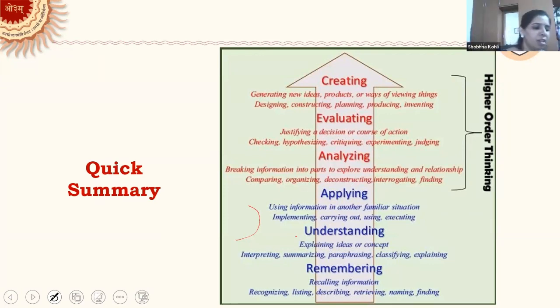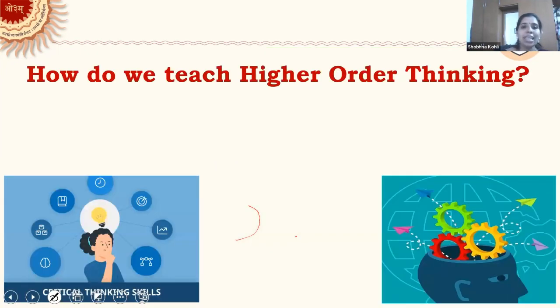We all have learned what HOTS is. HOTS is higher order thinking skills. Now let's see how we can teach higher order thinking skills in the class. Teachers, can you please tell me how we can teach this?